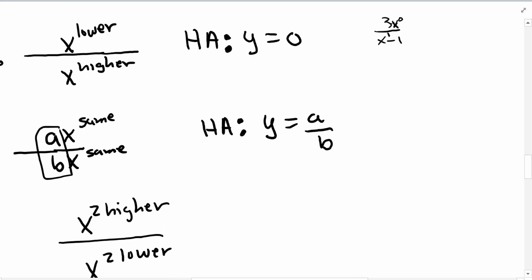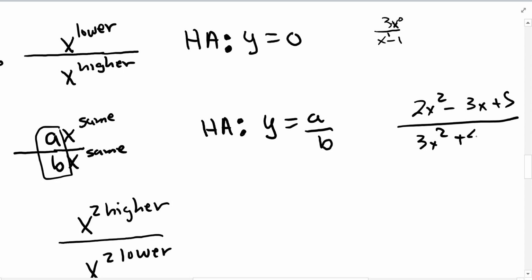Let me give you an example. If we had 2x squared minus 3x plus 5 over 3x squared plus 4x minus 12, the horizontal asymptote would be where y is equal to 2/3.